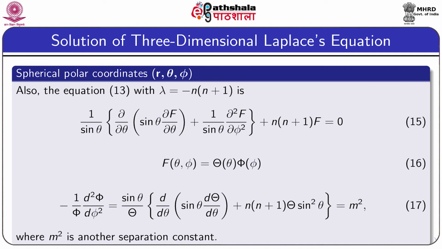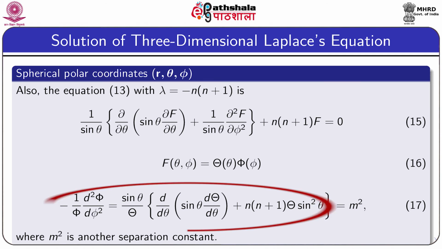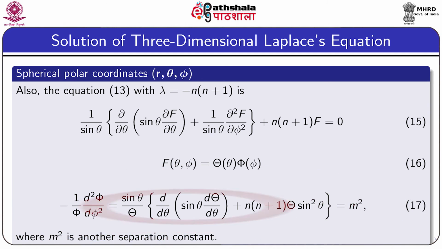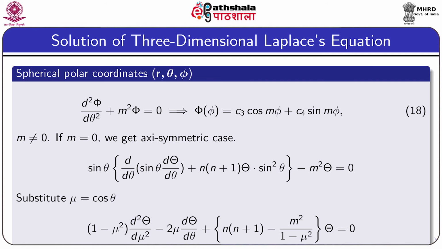Here we are separating the variables phi and theta from this relation in this way. In the left hand side we have only the function of phi, and the right hand side is only the function of theta, so we equate the left hand side to m square and this expression to m square, and we get two equations which are written here.